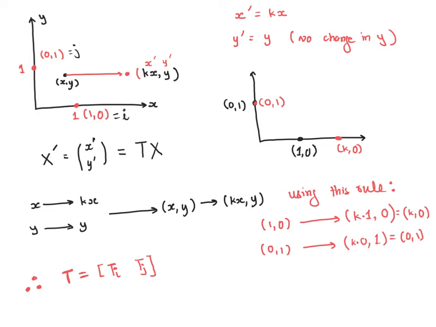Specifically, I equals (1, 0) and J equals (0, 1). So when you transform this, it would be the same as (k, 0), and J changes into, see, it doesn't change at all, (0, 1).